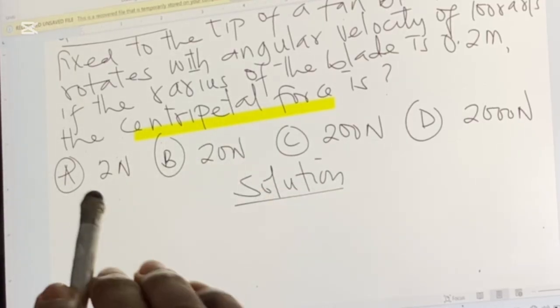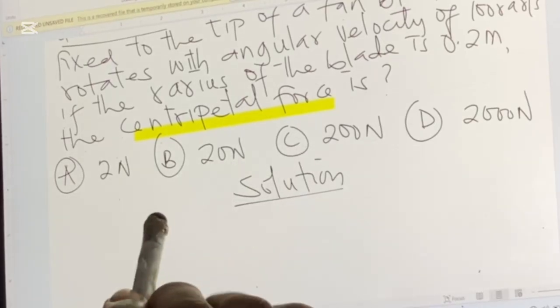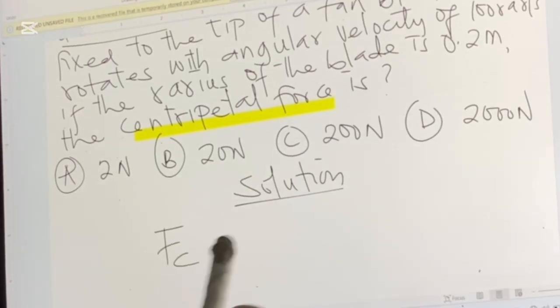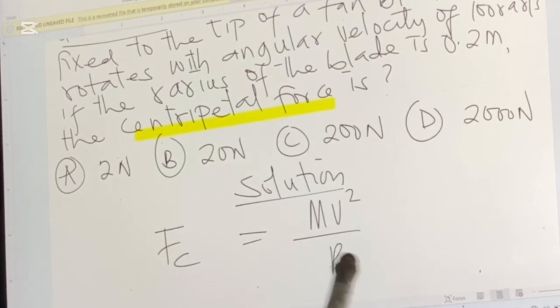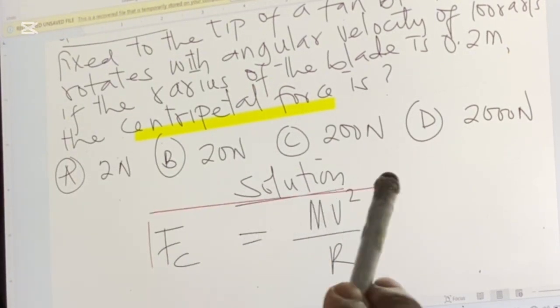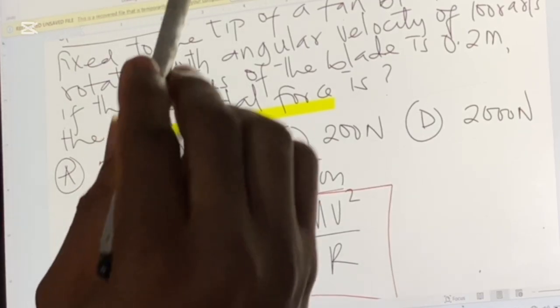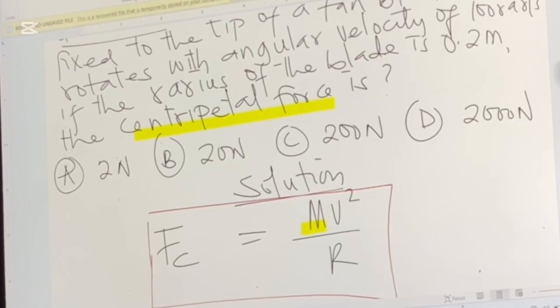Okay, the mathematical formula for centripetal force is Fc is equal to mv squared over r. Please take note of this. Where the m here is representing mass, the v is representing velocity or speed. The r here is representing radius.